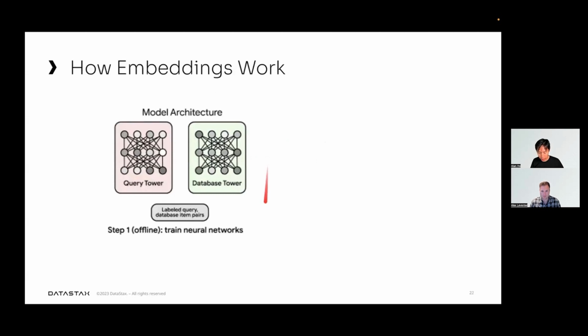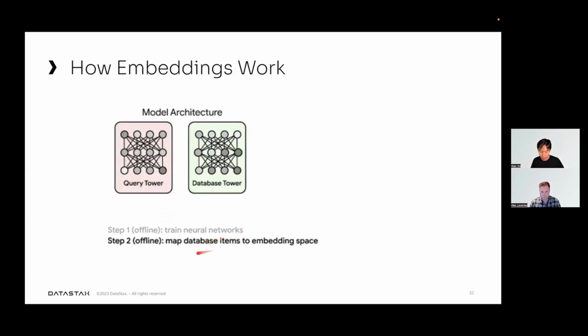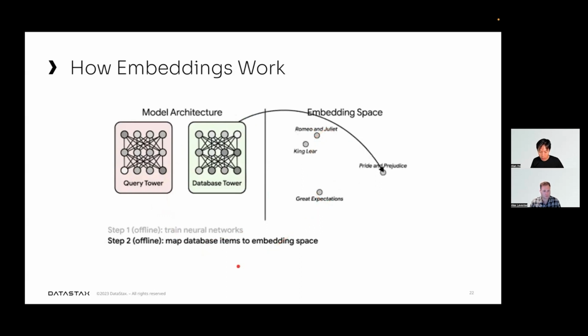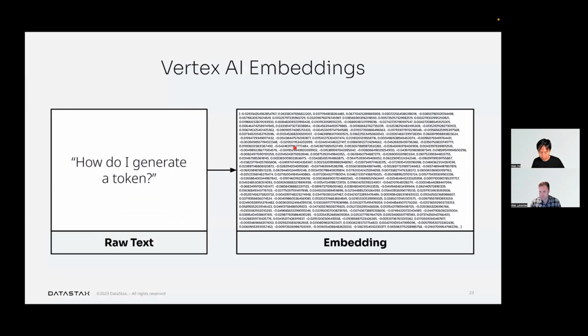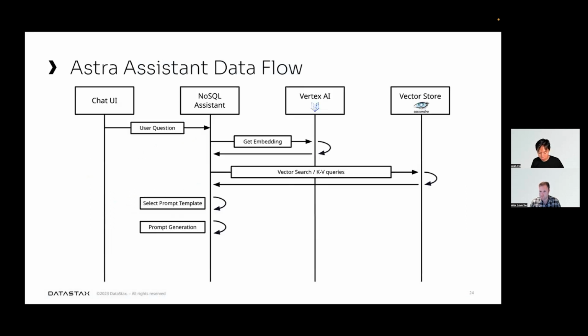As a reminder, the database already has all these vectors in it, and the question being asked is related to some of those pieces of data, in this case product information, and it returns the correct product information. For example, how do I generate a token? This turns into the 1,500 float vector, and it finds the closest ones.